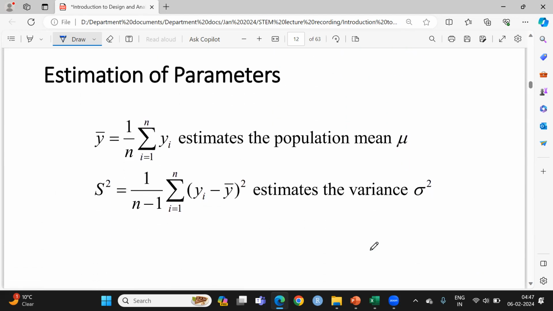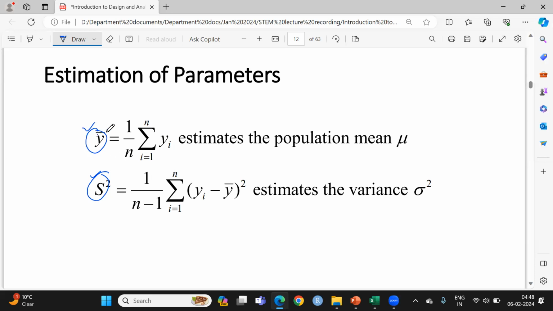As already discussed, because we are dealing with sample observations, we have to estimate the population parameters. We get the sample mean and the sample variance, because we are deriving the variance from the sample observations.